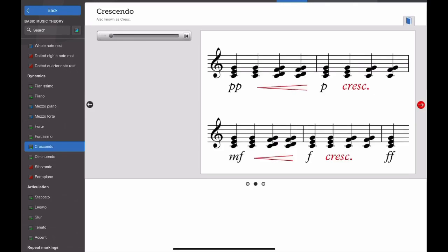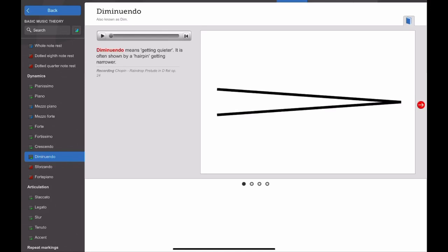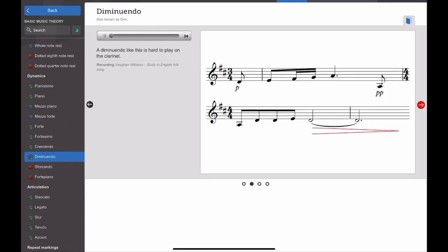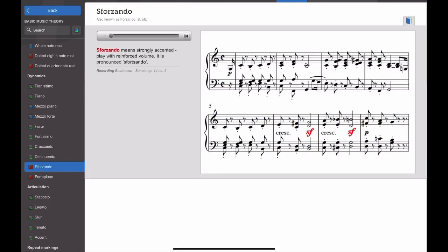Great, this is how it looks in the music. Or you can write crescendo, diminuendo, or decrescendo, getting softer. This is how it looks in the music. Okay? Now, sforzando means strongly accented, reinforced volume.